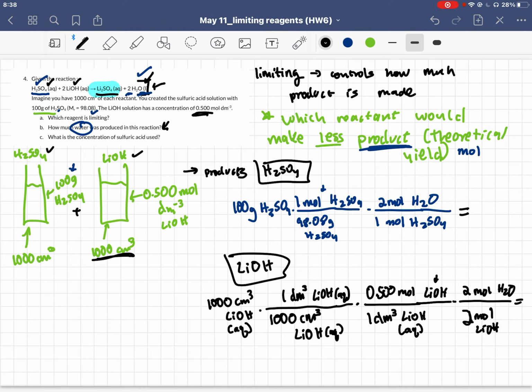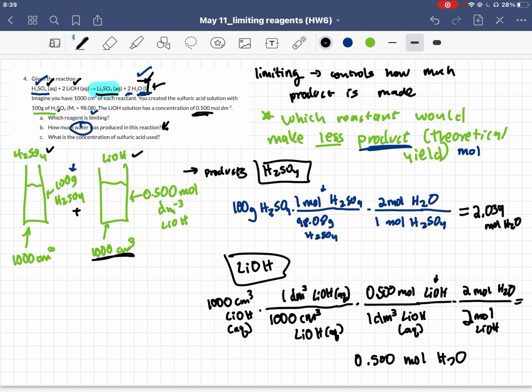So I got 2.039 moles of H2O, and then on the bottom, I got this one you really don't even need a calculator for because 1,000 cancels with 1,000, 2 cancels with 2, so 0.5 moles of H2O.